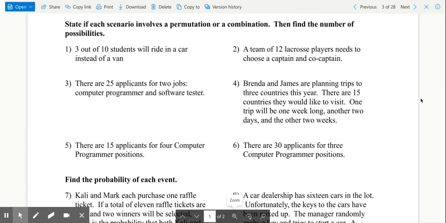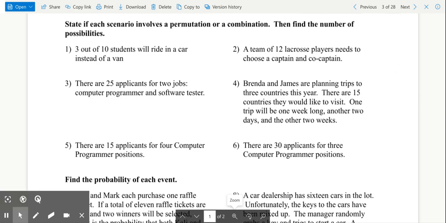So combination is just a group of things, right? So if I have 1, 2, 3, say I have 3 and I want 2. How many combinations of 2 of those numbers do I have?